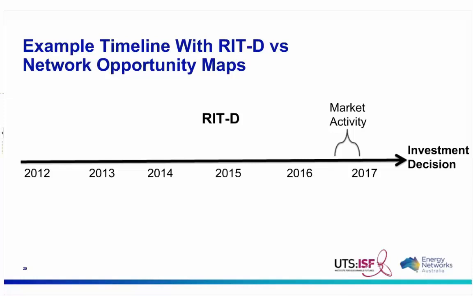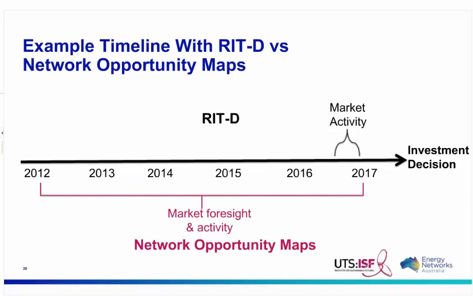So there might be 6, maybe 9 months of activity getting private service providers to prepare proposals. It's a very short window of opportunity. But what we're trying to do with the network opportunity maps is to improve market foresight and activity to 5 years and beyond, so that information is out there. Everyone can see it coming. They can see how it changes each year, so that we have more of a chance to develop these smaller, more piecemeal distributed energy opportunities.